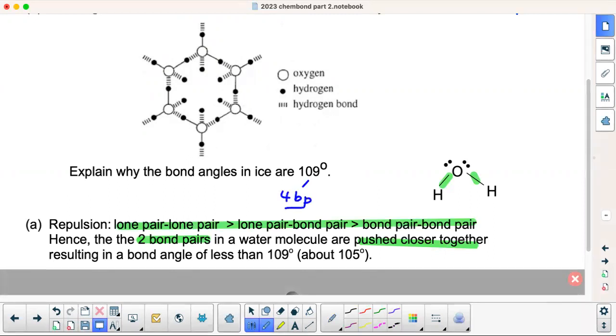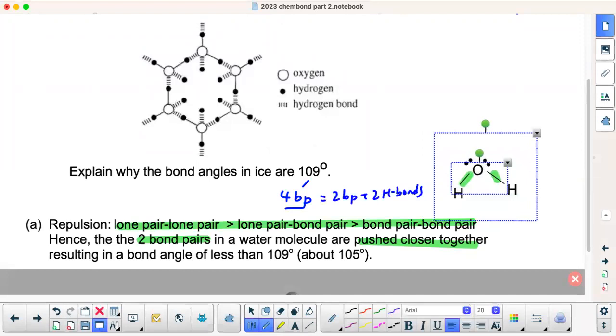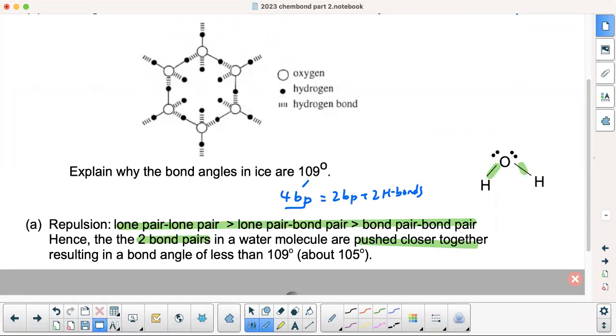Then you must say, but these 4 bond pairs are due to 2 bond pairs and 2 H bonds. But the H bonds are already considered bond pairs because they are very strong. So you can write something along those lines. You can explain why it's 109.5.